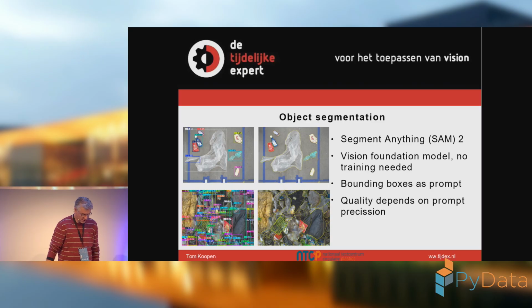For segmentation, we use Segment Anything, from Meta I think, and it works amazingly well out of the box. You need to prompt it with either a bounding box or some points in the object, and it segments out the complete boundary of the object itself. Once you have the boundary, you can grab the pixels you need.